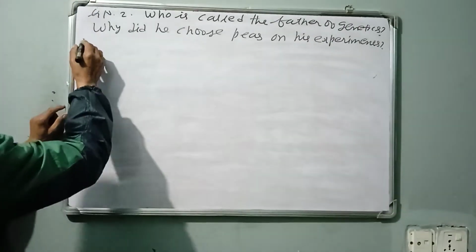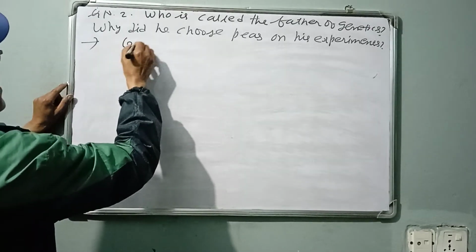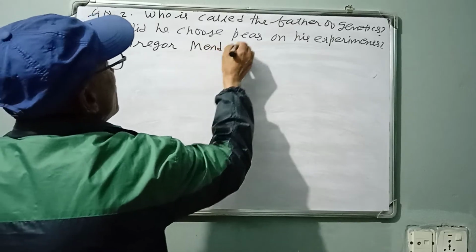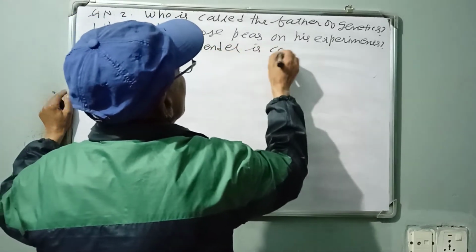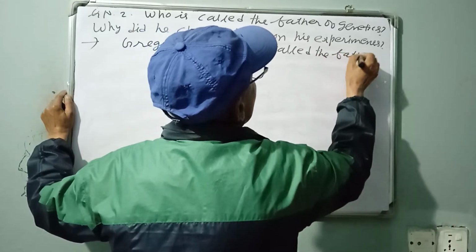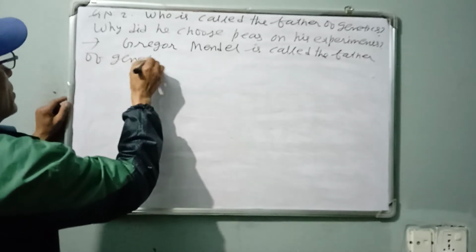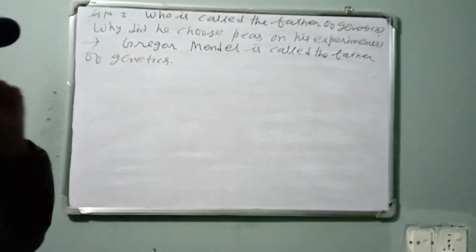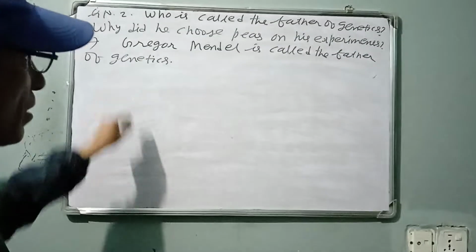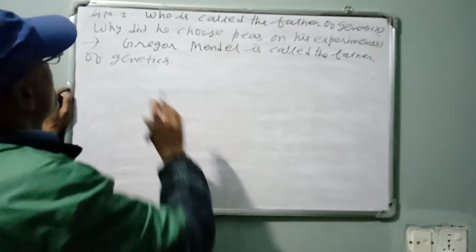Who is called the father of genetics? Gregor Mendel is called the father of genetics. Although he is no longer on the earth, he is still called the father of genetics because he was the first pioneering personality.